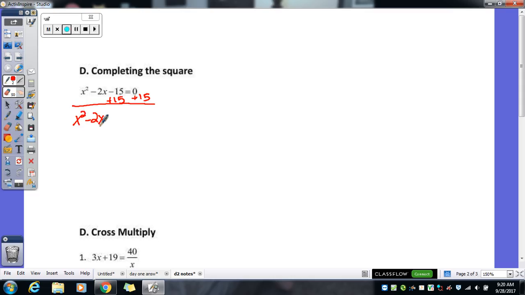And then what we do is we put in a space. So I have x squared minus 2x plus a space equals 15 plus a space. Sometimes you use a box, other teachers use boxes. I don't like to confine my writing to a small box, so I just use a space.